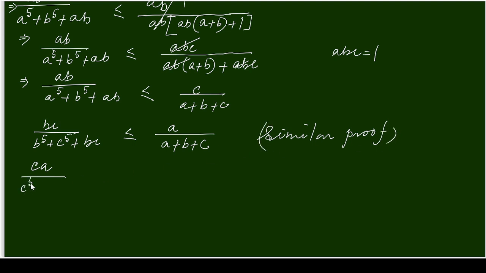CA over C power 5 plus A power 5 plus AC is less than or equal to B over A plus B plus C.